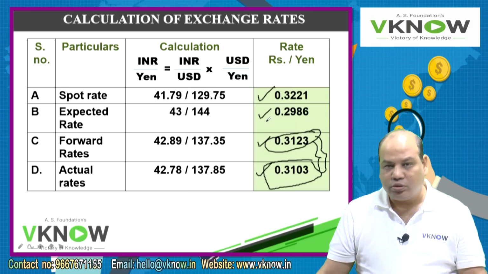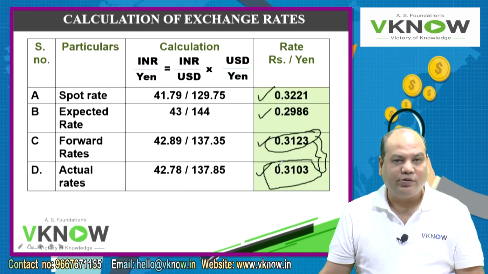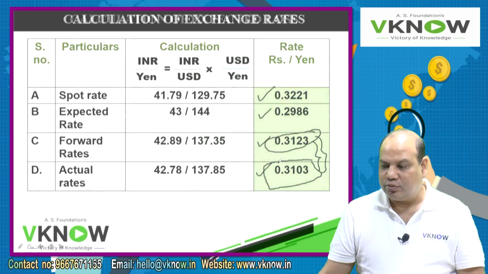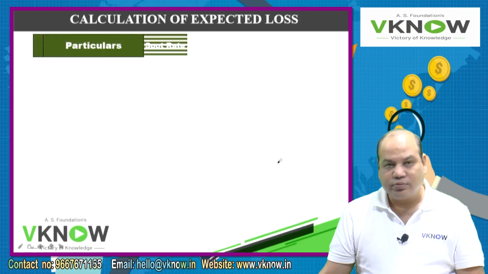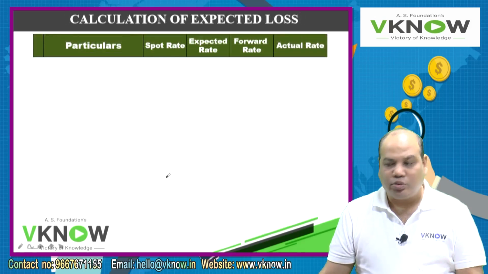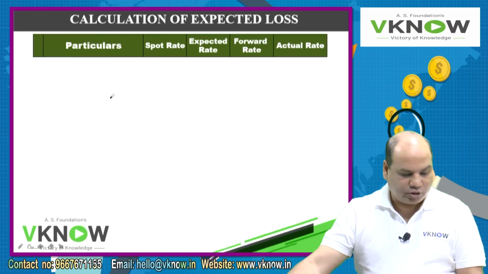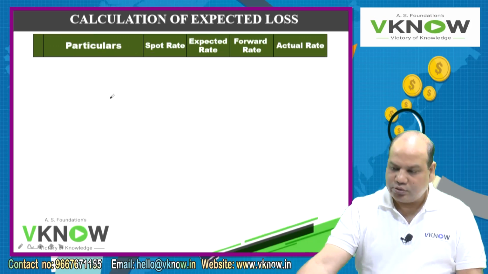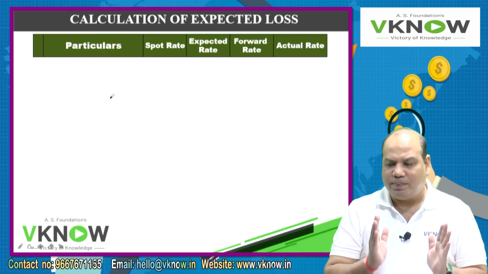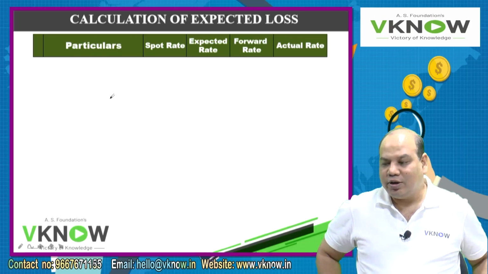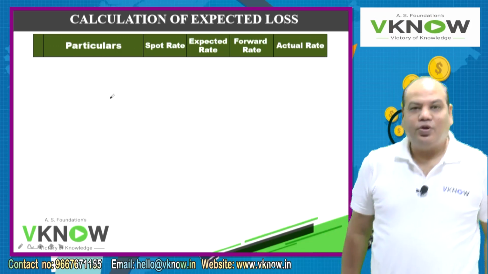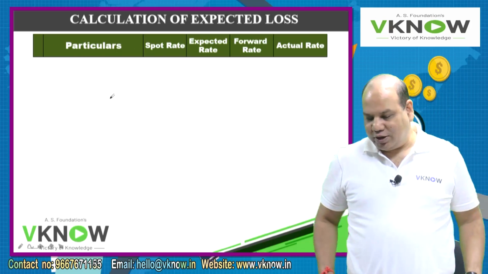So first what I'll do, I'll calculate rupee inflow by applying these rates, and then calculate the gain or loss, and then we will be able to write the proper comments. Step 2, calculation of expected loss. Serial number, particulars, spot rate, expected rate, forward rate, actual rate.